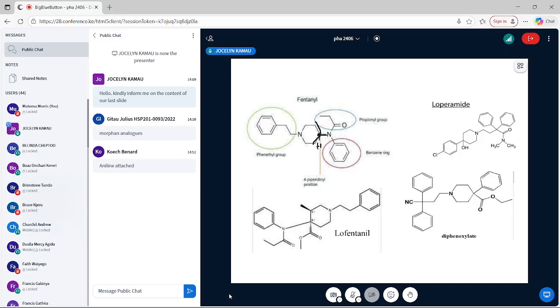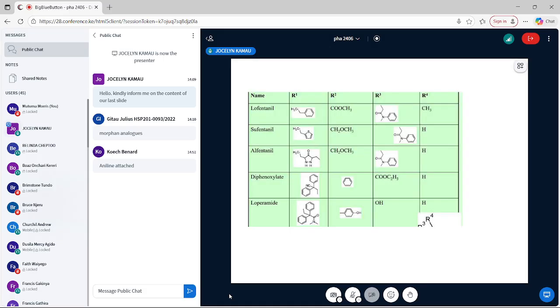So we'll go back. Sometimes when I explain it here, you might not understand how they are arranged, but now I hope you have understood. So now when we go to the next compound, again you see the same group. This is joined to position number 1, just like you have the methyl group at position number 1 of meperidine.